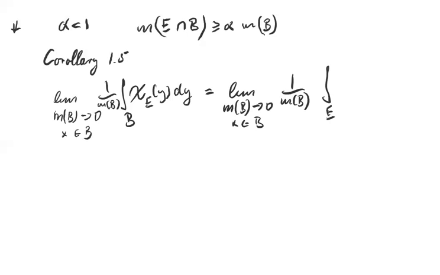Well, the characteristic function is 1 if x is in E, so we can integrate over E intersected B. And this is exactly this.